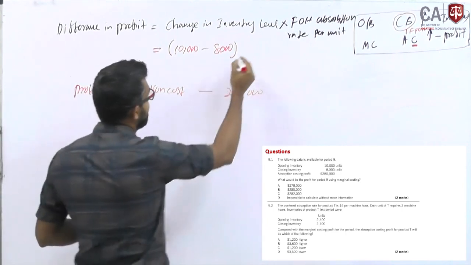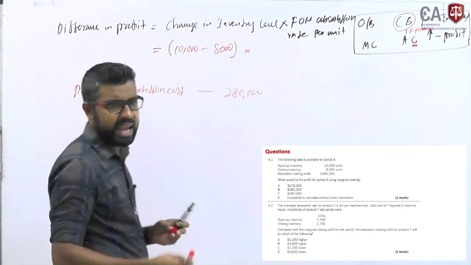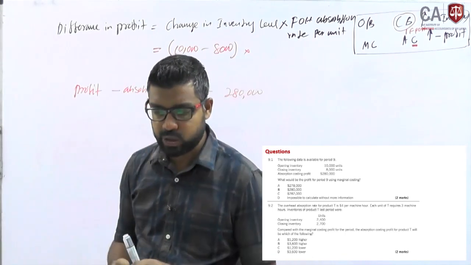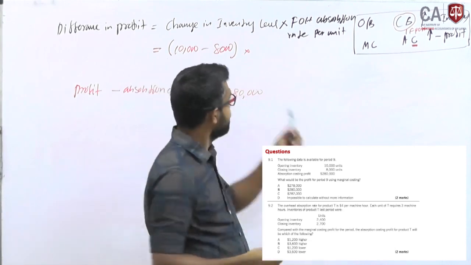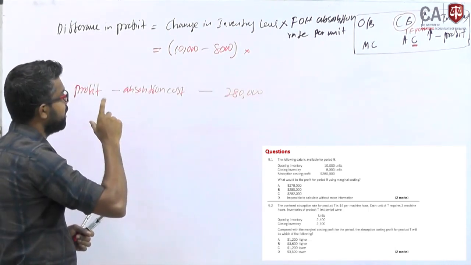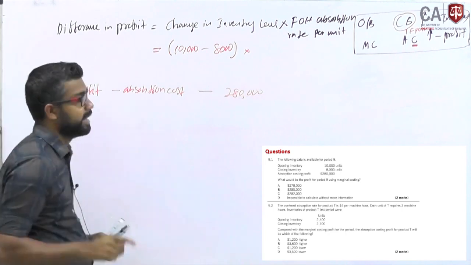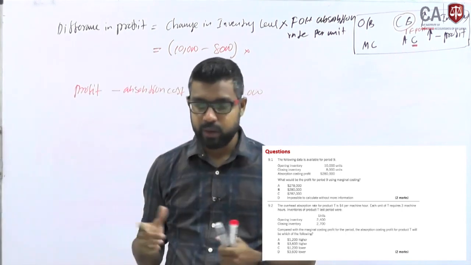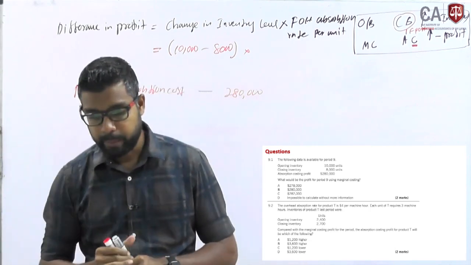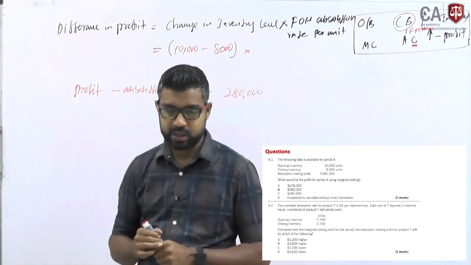Now we need the absorption rate, but they have not given that information. Closing balance and opening balance inventory they have given, absorption profit they have given. Because of that, we might not be able to calculate the difference in profit. In the absence of the difference in profit, we might not be able to figure out the profit figure according to marginal costing.